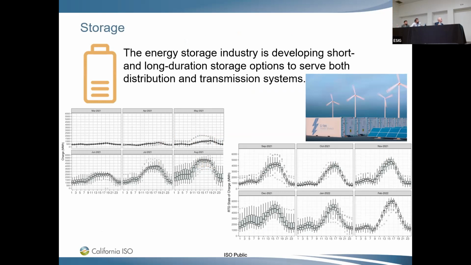The scale is the same, so the top of the scale is 6,000 megawatts. As of March of 2021, we have 500 megawatts of batteries on the system. Fast forwarding to February of 2022, we're just over 6,000 megawatts on the system. That's how fast energy storage resources have come onto the system in just a year.